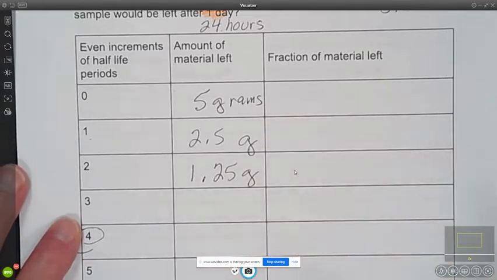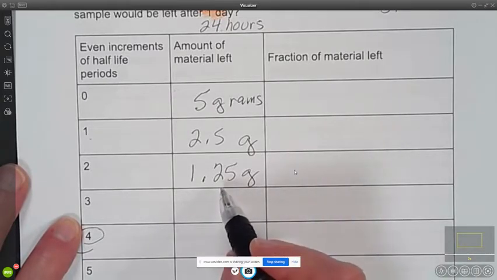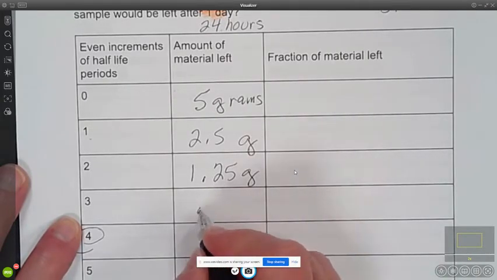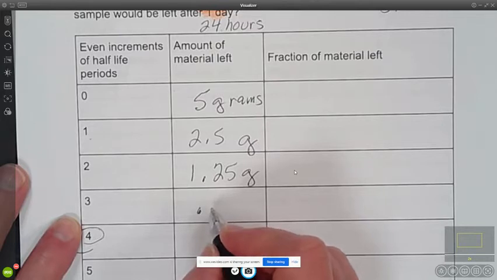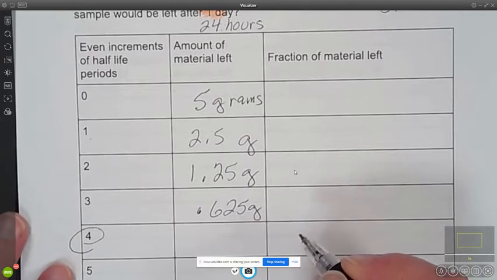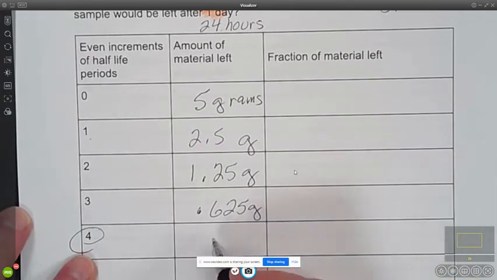And then a third half-life, another 6.3 hours, I'm going to have half of this left. So if I divide that in half using calculator or what works for you, I've got 0.625 grams. And a fourth half-life, I've got half of that left. Again, dividing that amount in half, I've got 0.3125 grams. Well, that answers the question.